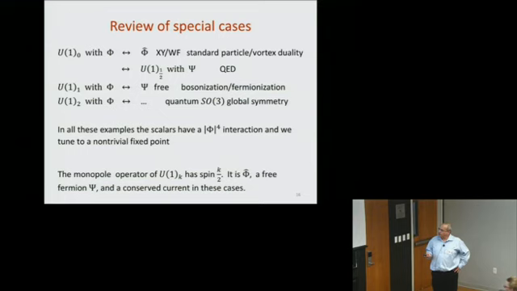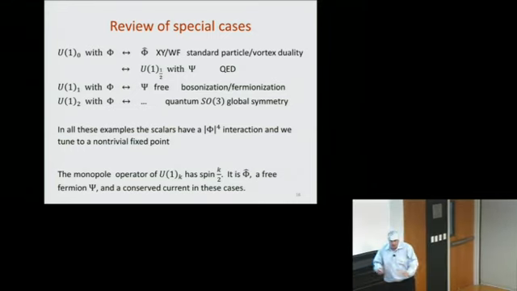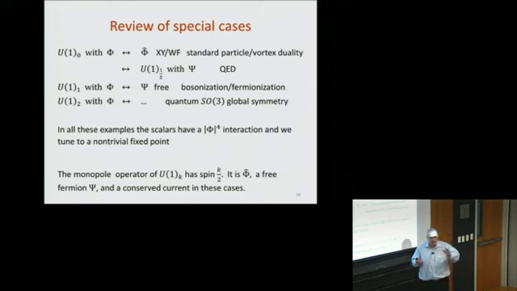Here, the monopole operator has spin 1, and therefore it's sitting there ready to become a conserved current. As we flow to the infrared, its dimension starts going down, and the statement of the duality is that this operator started at very high dimension, but by the time we're at very long distances, it has dimension 2, and it becomes a conserved current.